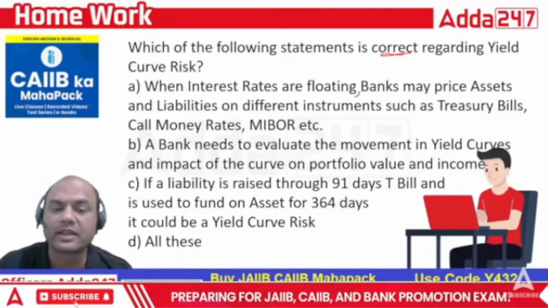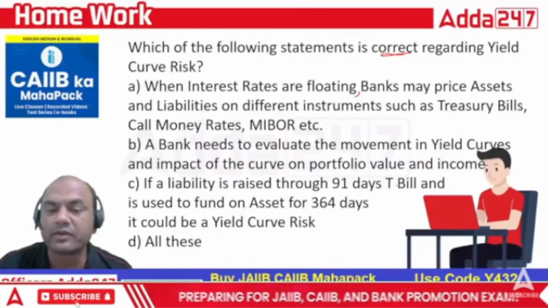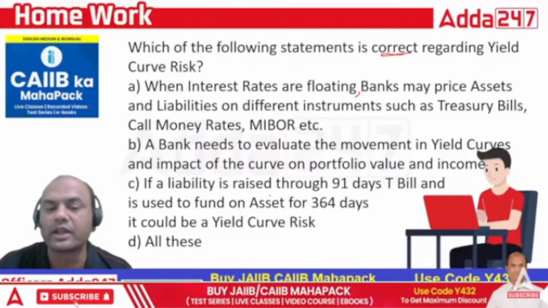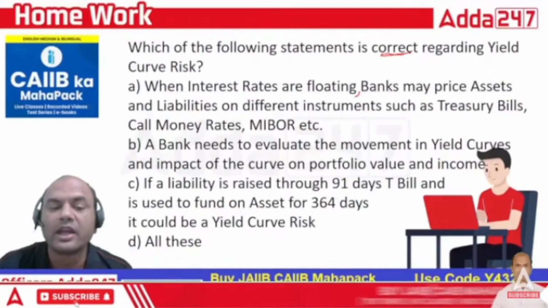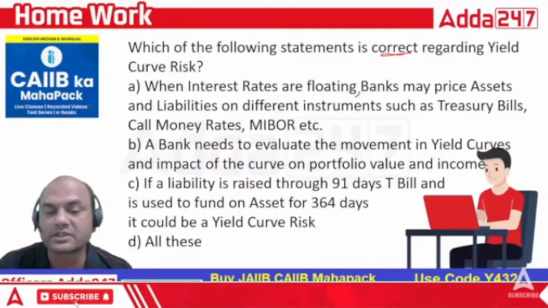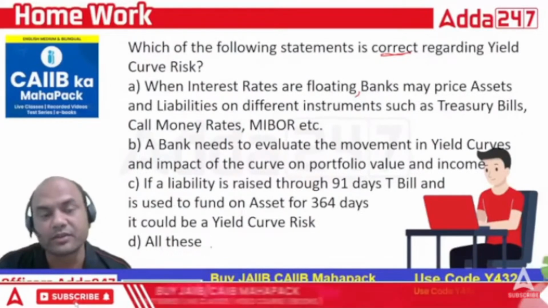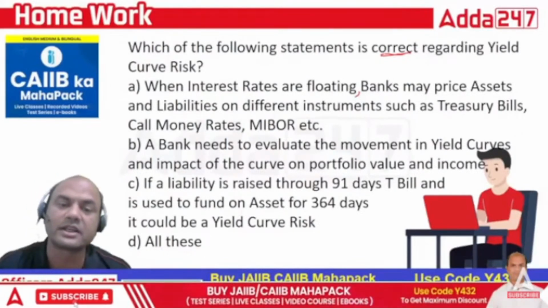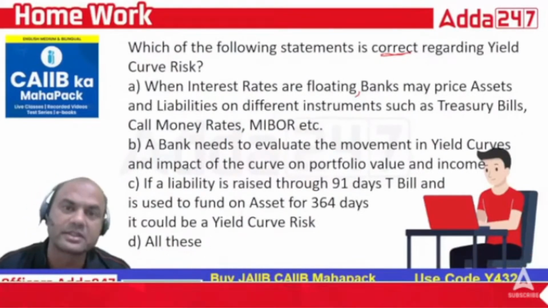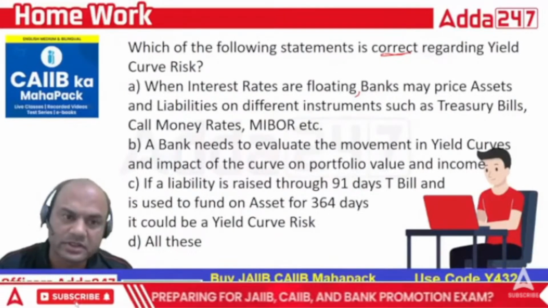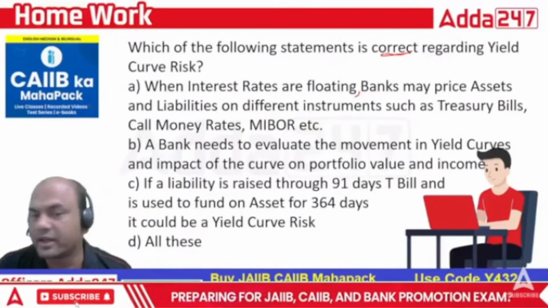If liability is raised through 91-day T-bills and used to fund the asset of 364 day, it would be a yield curve risk. And D is all of these. So this is what you have to search now. Check all the options, check in your books, check in the videos, and then answer.